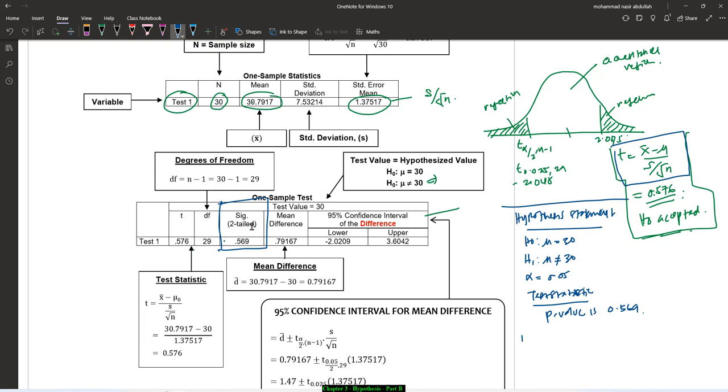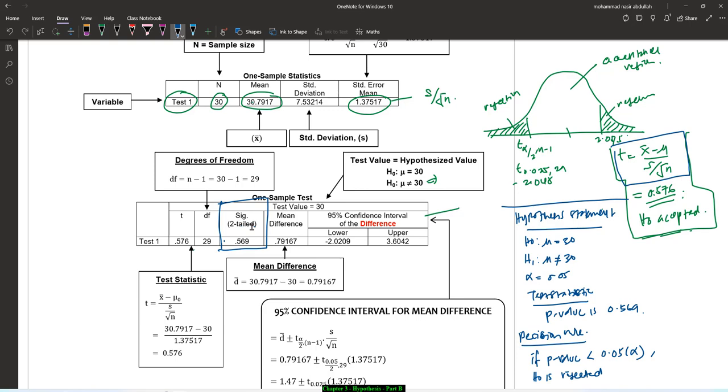So the decision rule: if the p-value is less than 0.05, which is our alpha, then the null hypothesis is rejected. This is the standard decision rule.